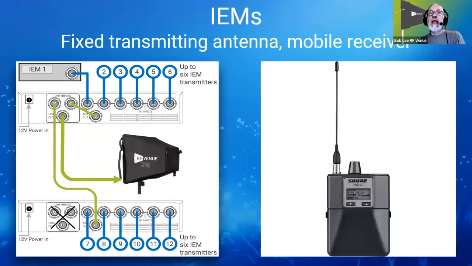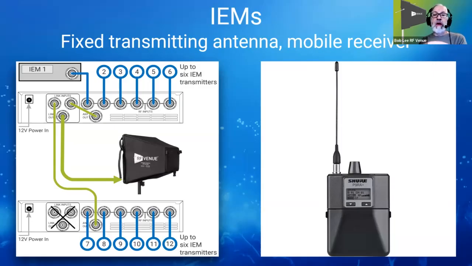So let's go to in-ear monitors. With in-ear monitors, we have the fixed transmitting antenna, fixed location, and mobile receivers that can be moving all over the place. So we start with the monitor audio feeds from the mixing board or from the monitor board, whatever.